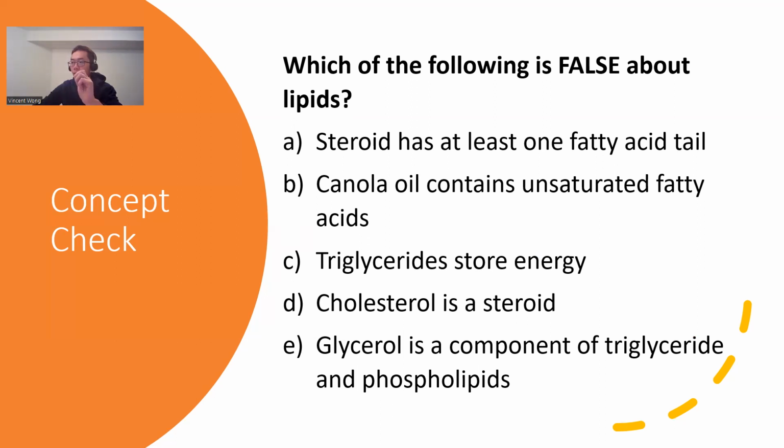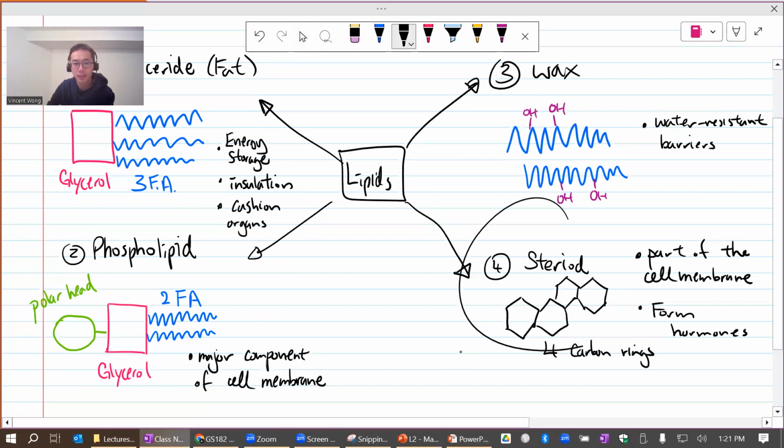I didn't get as many responses this time, but that's okay. Which of the following is false about lipids? Number 1, steroid has at least one fatty acid tail. Well, let's take a look at the notes we wrote. Steroid is right here. Do we see any fatty acids? Nope.